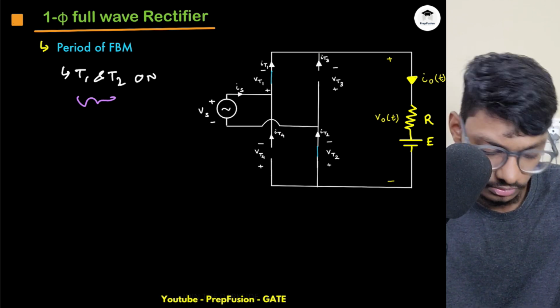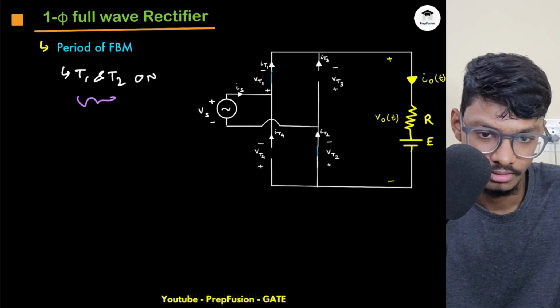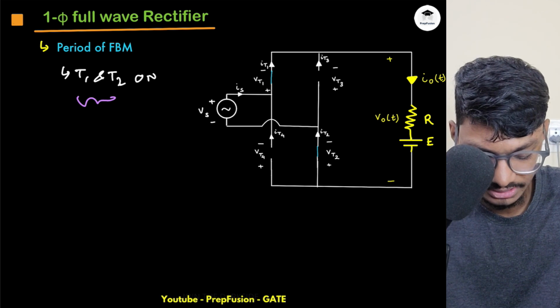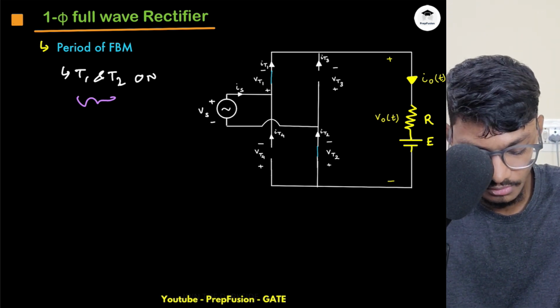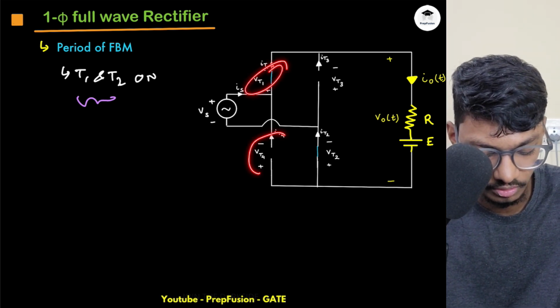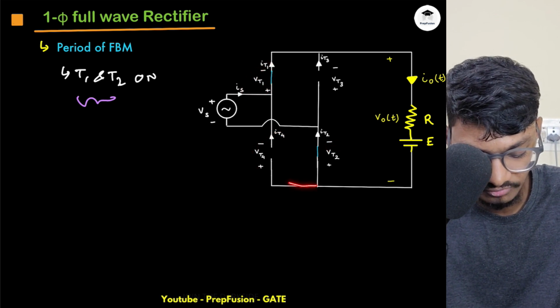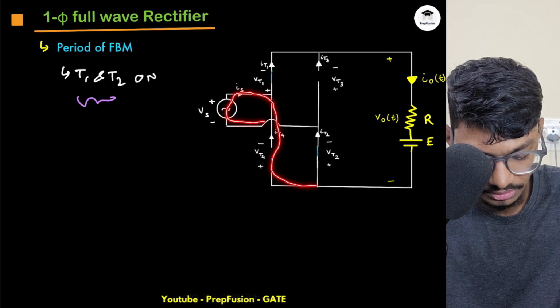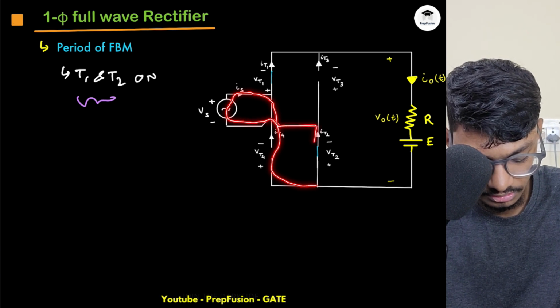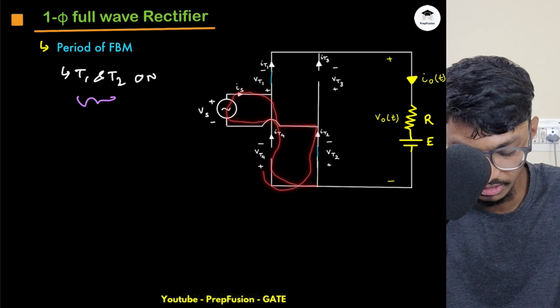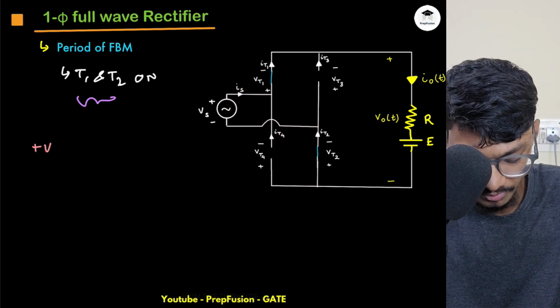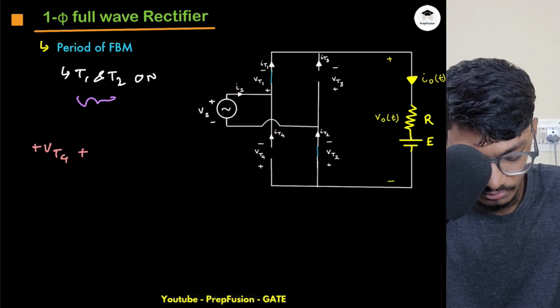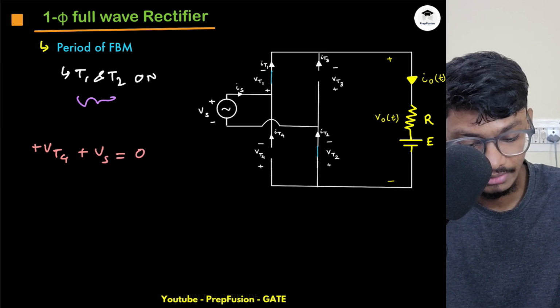So here, when these two are on, I can simply apply a KVL. Start from here, plus VT4, plus Vs, then I can go here and end here again. I have completed a loop. So the KVL will be plus VT4 plus Vs equals 0.